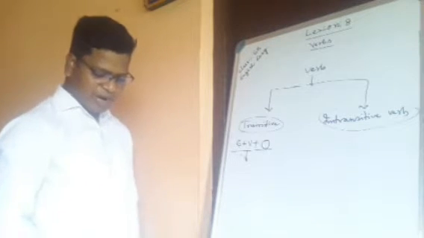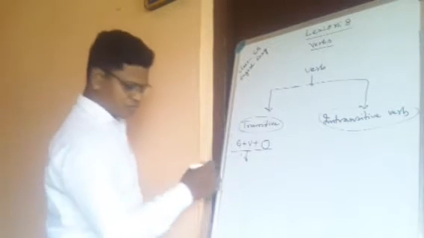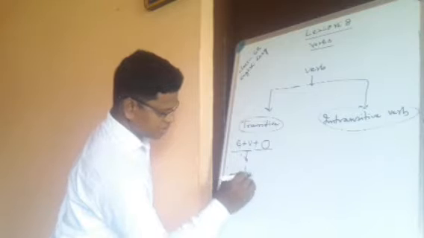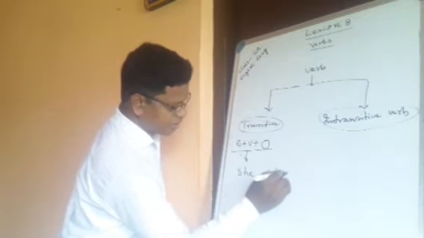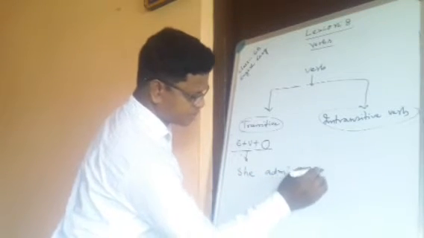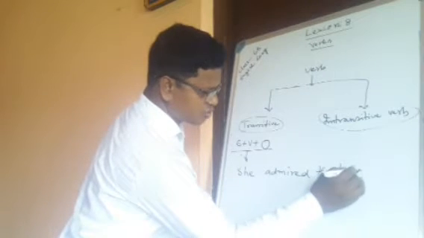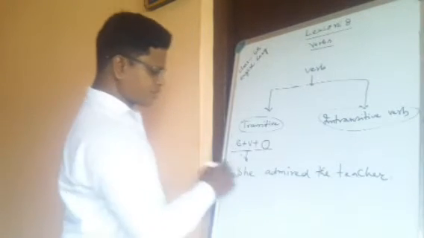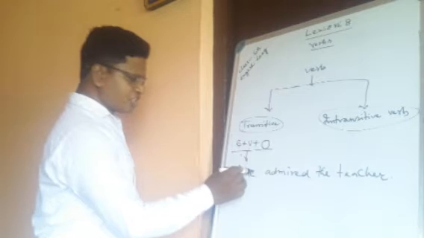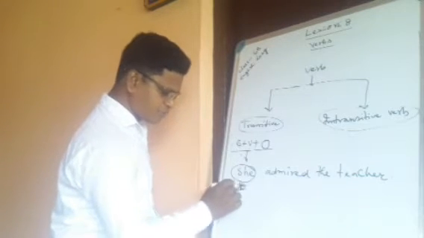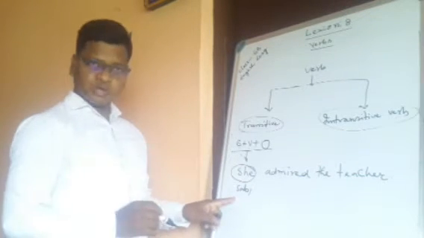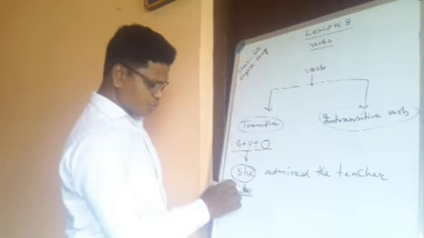Like, she admired the teacher. If we take an example, she admired the teacher. In this sentence, you see, she is the subject because she is the doer of the action. She does what?